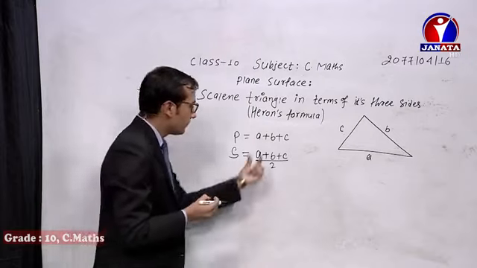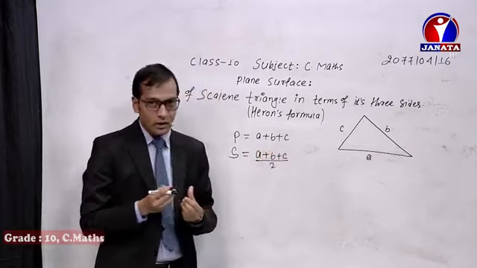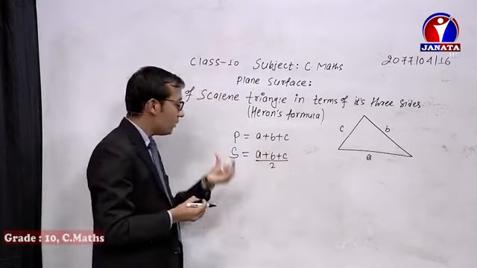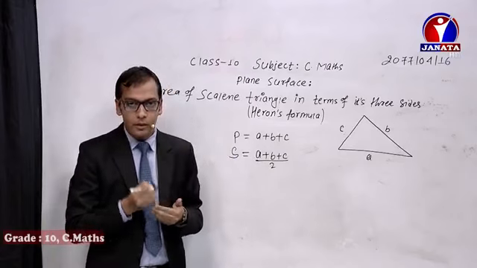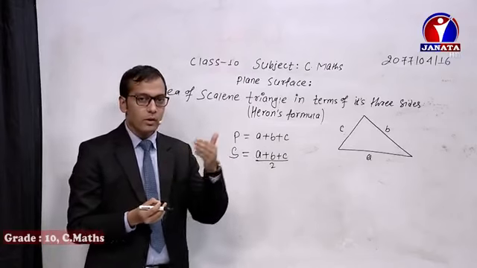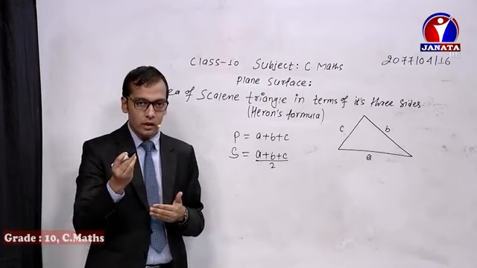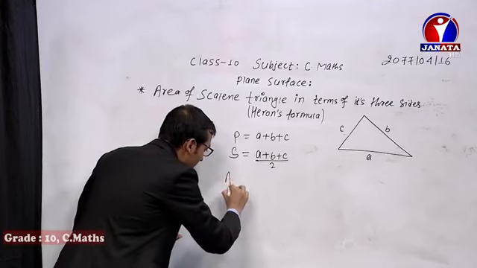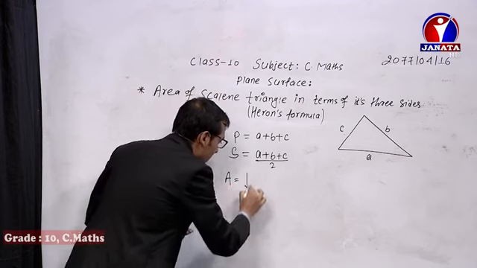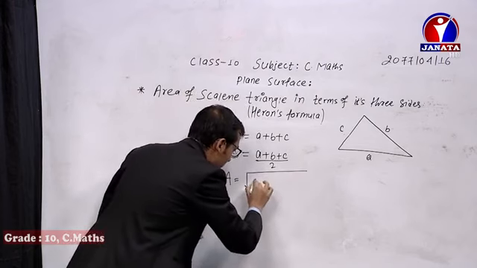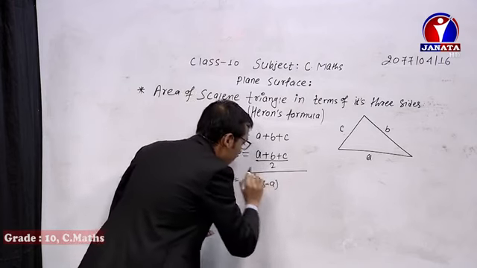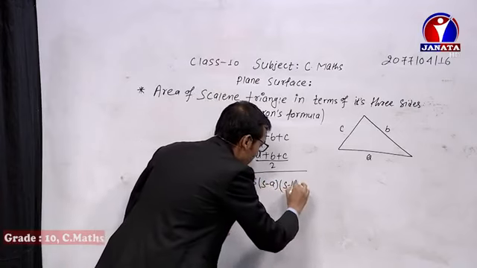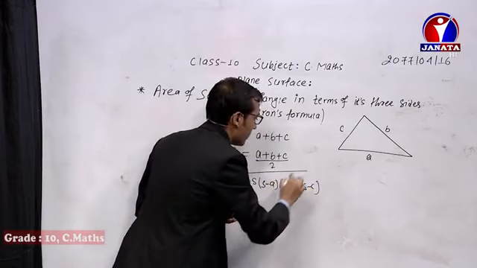So in terms of a, b and c, after knowing the perimeter and semi-perimeter of a triangle, we can use a formula to find its area. Let's note down the formula: the area of a scalene triangle is the square root of s times (s minus a), (s minus b), (s minus c).